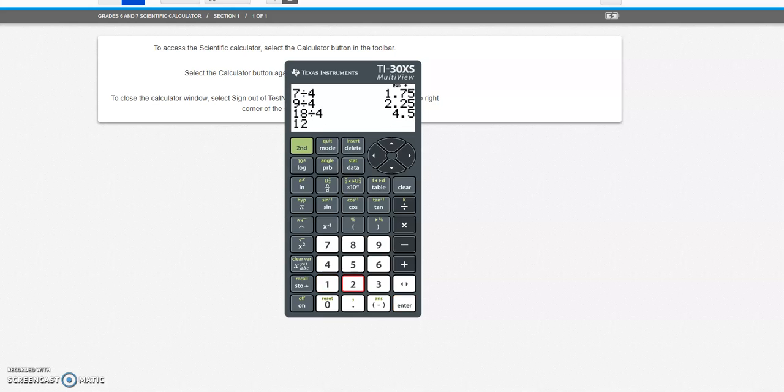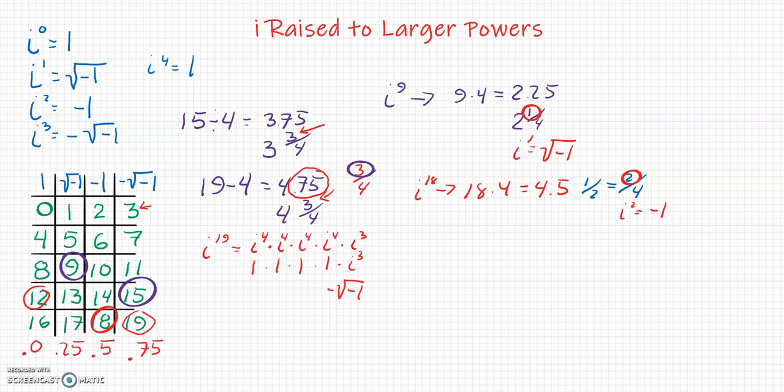So 12 divided by 4, no remainder, 3. That's letting us know we technically have 3.0, which means i to the 12th is the exact same thing as i to the 0, which in this case is simply 1.